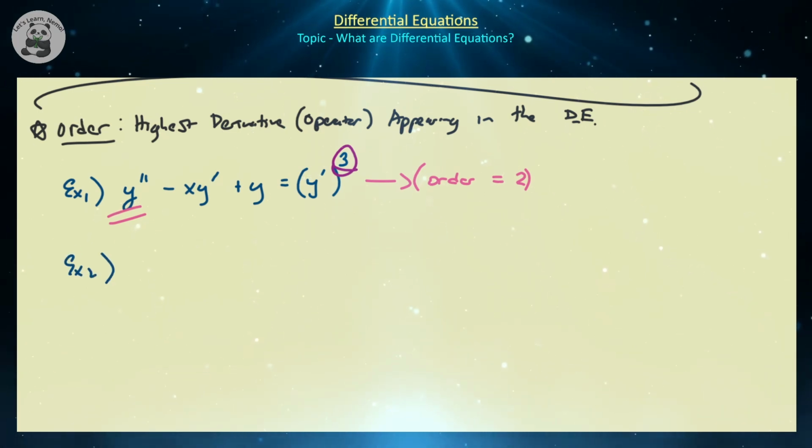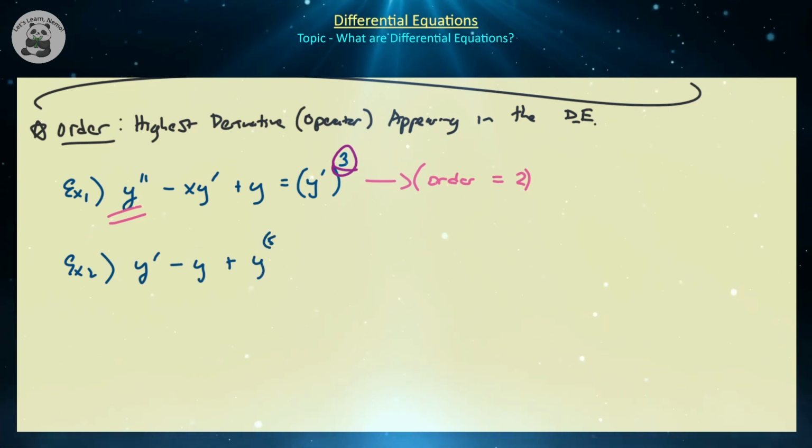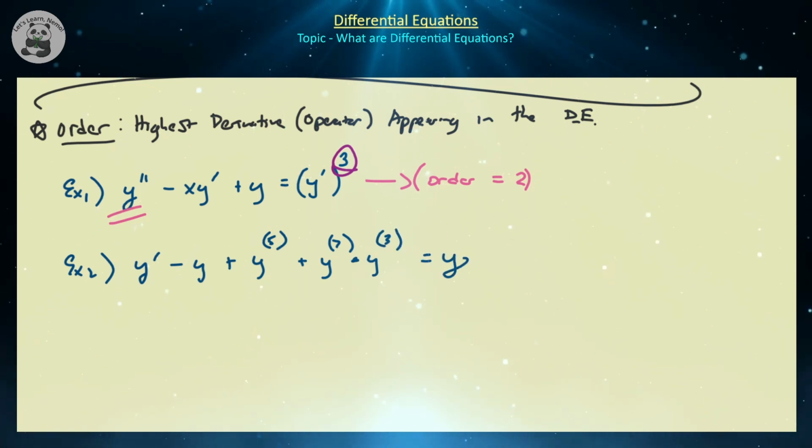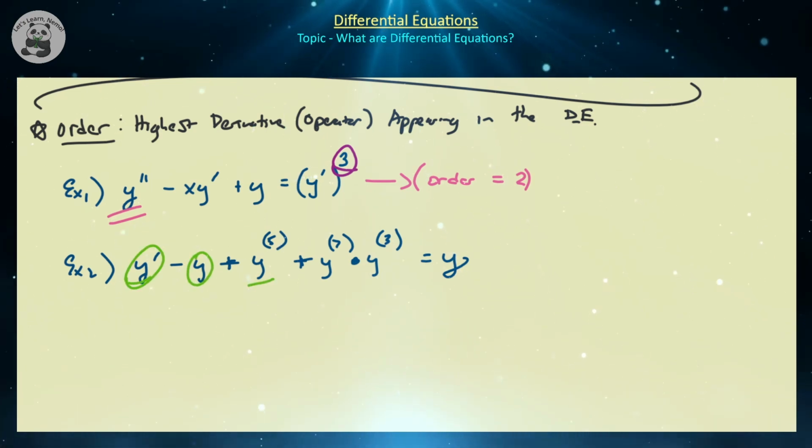As another example, let's assume we have y prime minus y plus the fifth derivative of y plus the seventh derivative of y times the third derivative of y, all multiplied together, is equal to y. What would the order of this differential equation be? That's a first order derivative operator, that's a 0th order operator, that's 5th order, that's 7th order, that's 3rd order, and that's 0th order as well.